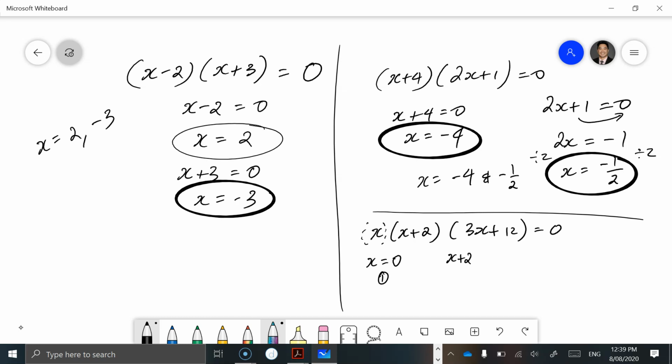Then x plus 2 equals 0, so x equals minus 2 is your second solution. Then we have 3x plus 12 equals 0, so 3x equals minus 12, and x is going to equal minus 4 as your third solution. So in this case, we have 3 solutions for x, just applying the null factor law.